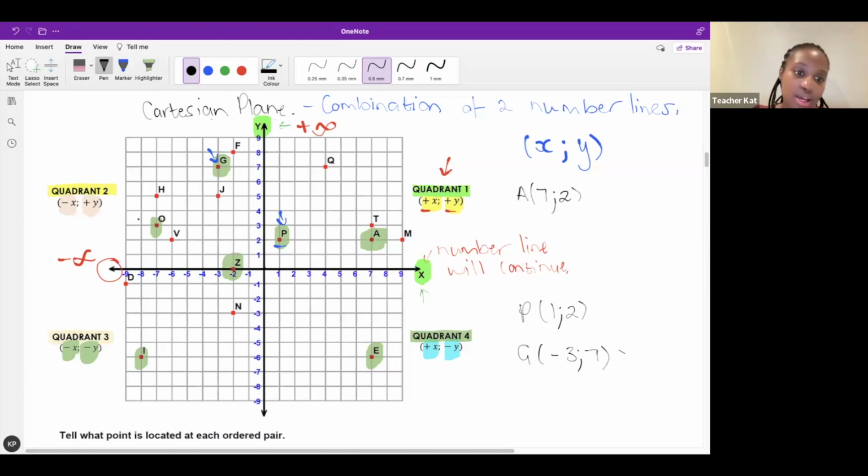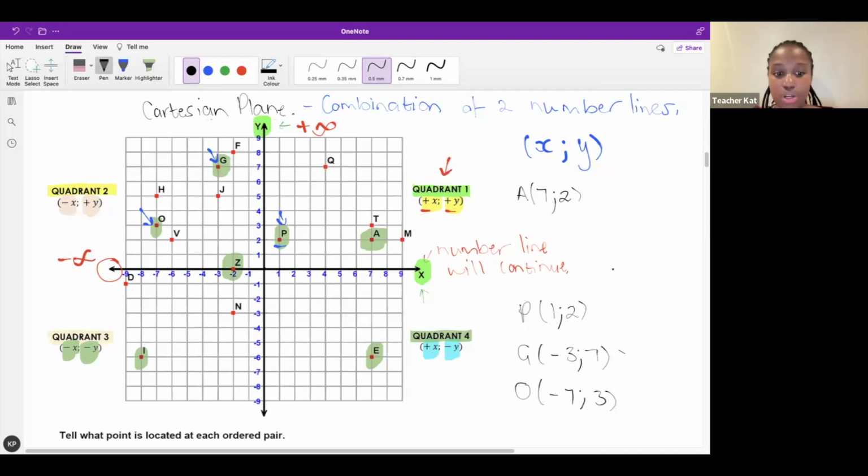Nice, guys. Coordinates of O. O is over here. From the x-axis, it is indeed at negative 7, and on the y-axis it is 1, 2, and 3.